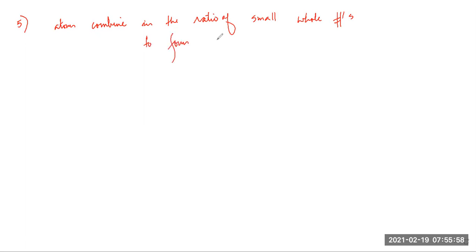Okay, students, let's discuss the fifth postulate. Now, atoms combine in the ratio of small whole numbers to form compounds.